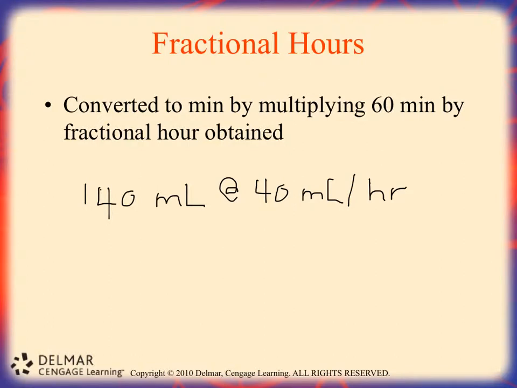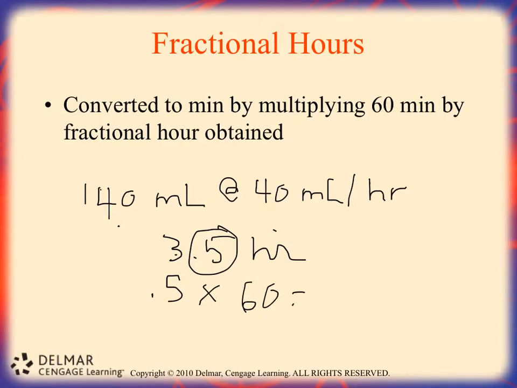You divide 140 by 40, and you come up with 3.5 hours. That's how much it would take. I'm using this as an example because it's easy to conceptualize. So your 0.5 is your fractional hour, so 0.5 times 60 equals 30 minutes, which of course we know that half an hour is 30 minutes. So that's easy to figure in your head, but that helps you see how you convert those fractional hours.